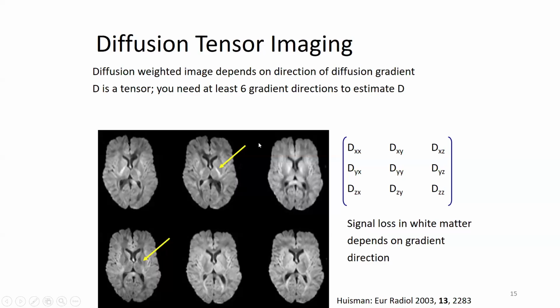In this case, the gradient is perpendicular to this fiber, but in this case, my gradient is more or less parallel to this actual fiber. So depending on the exact direction of my gradient, I have a high signal here in the corpus callosum, or I have a low signal in the corpus callosum.